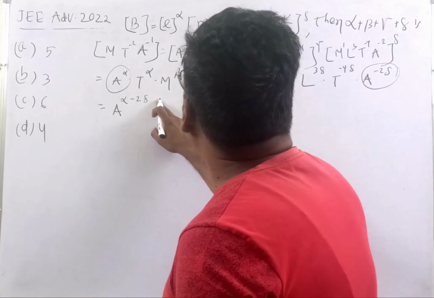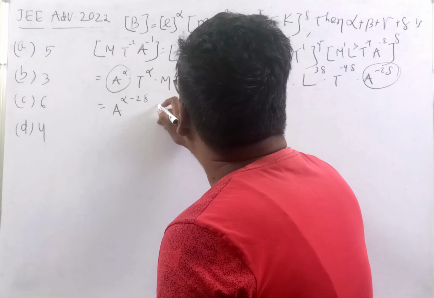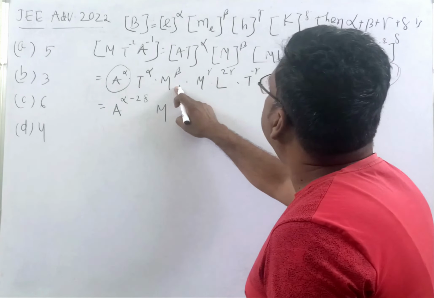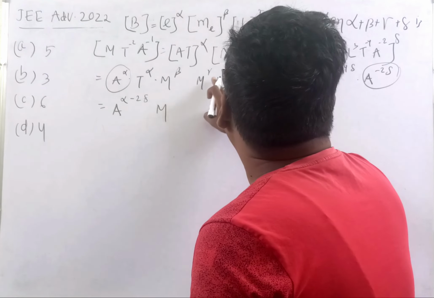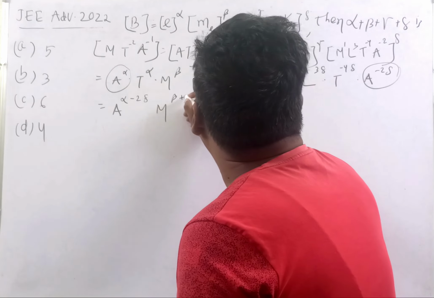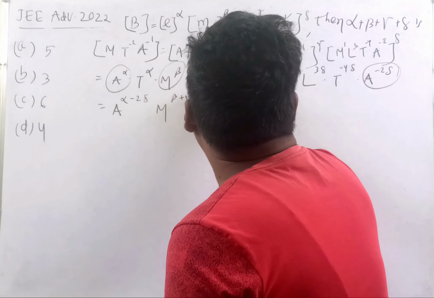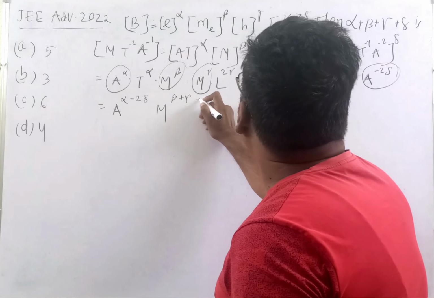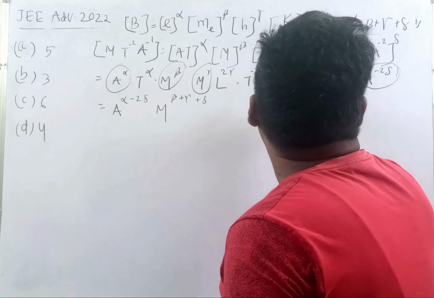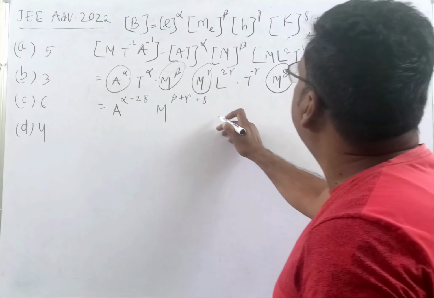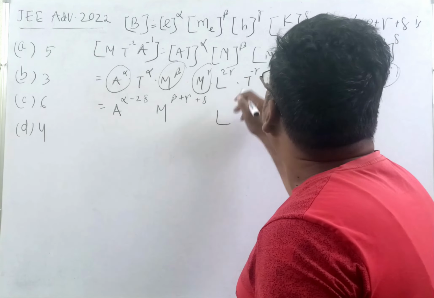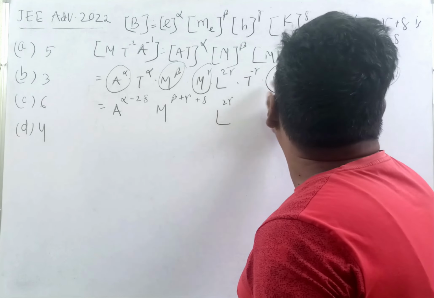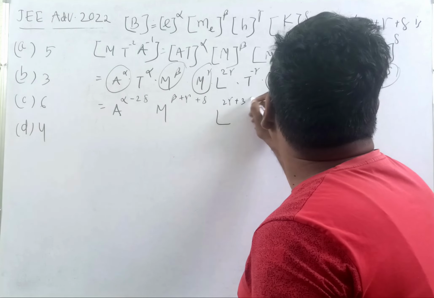Then what will be M to the power? Here beta, here gamma, we write beta plus gamma. And where is M? M is here, delta, so we write plus delta. Okay students, and what will be L? L to the power 2 gamma, L to the power 3 delta, so 2 gamma plus 3 delta.